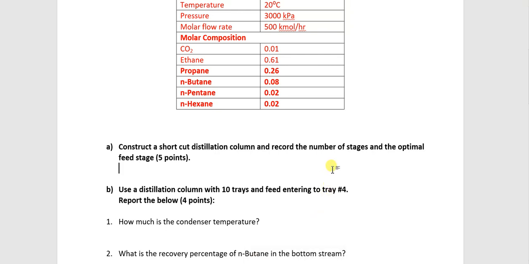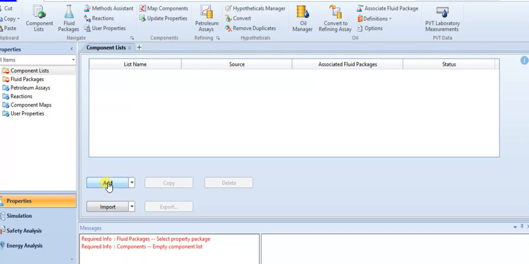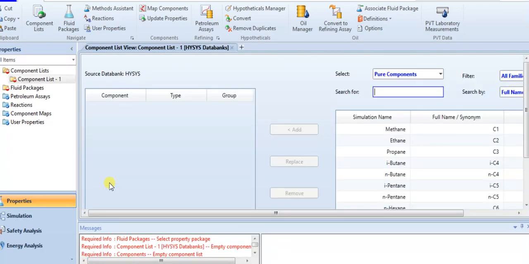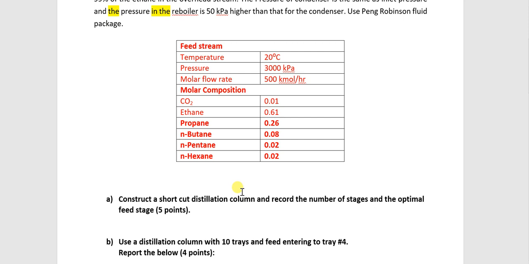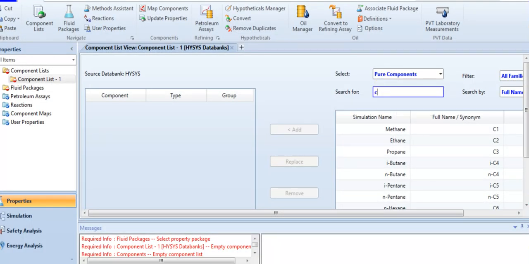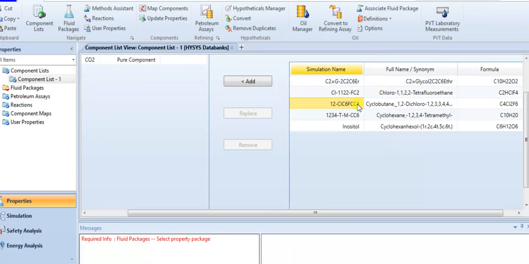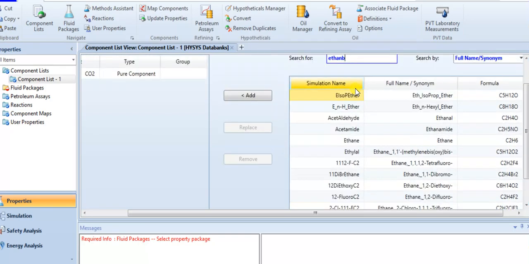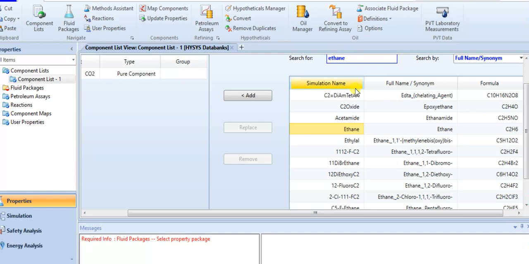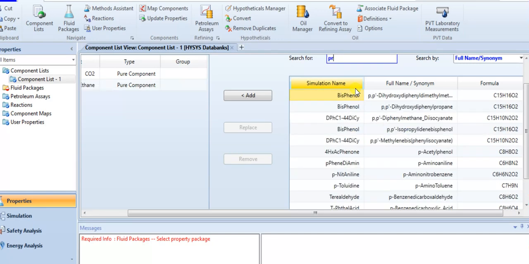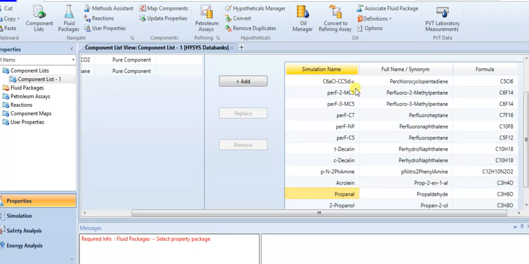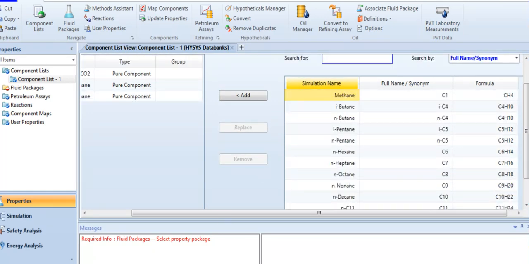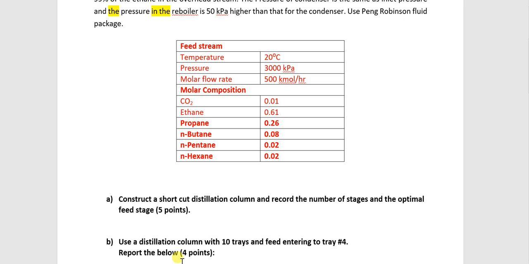Okay, let's do it. I will start from scratch. New file, add components. What we have: CO2, ethane, propane, normal butane, normal pentane, normal hexane.